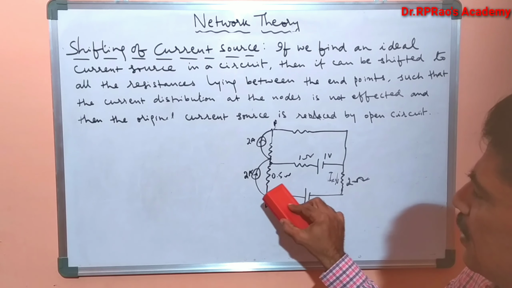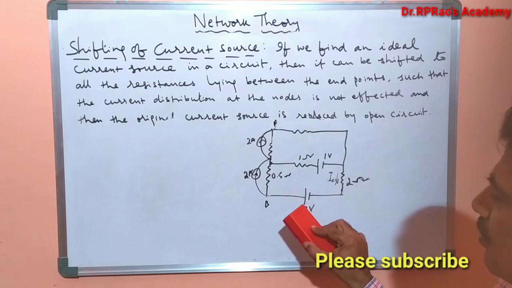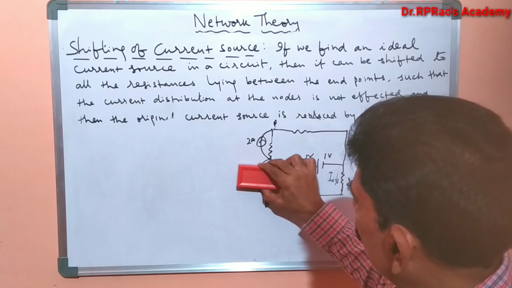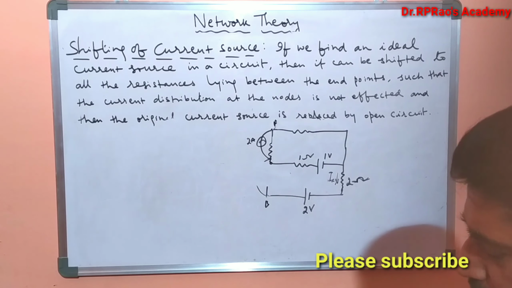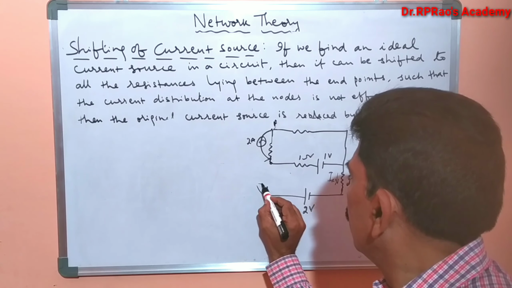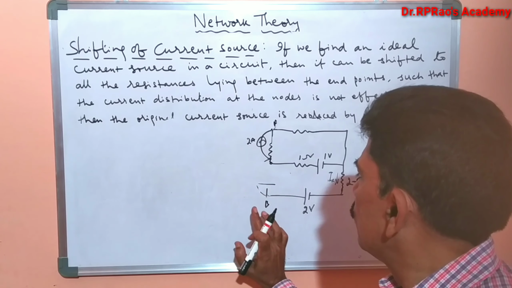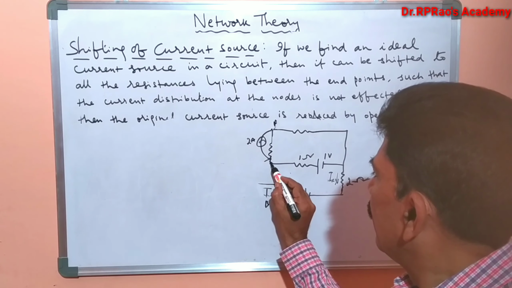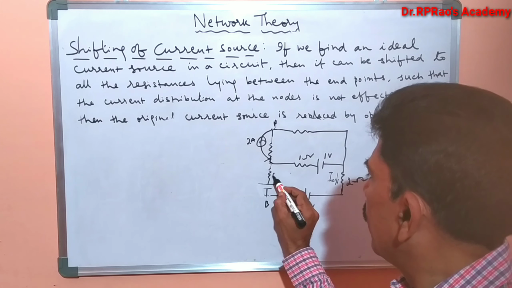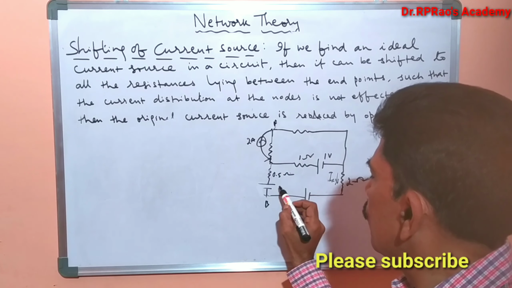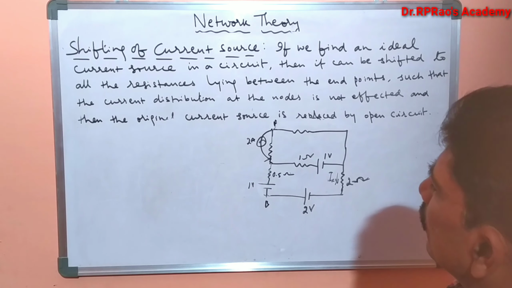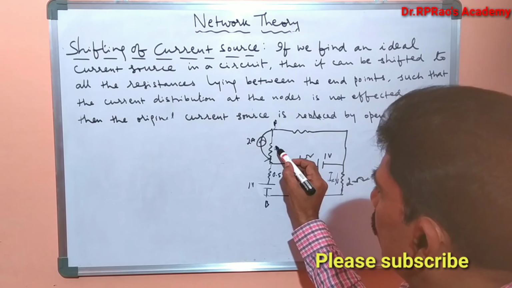The 2 amperes current source with 0.5 ohms internal resistance is converted into a voltage source in series with 0.5 ohms. 2 into 0.5 is 1 volt. Since current is moving upward, the battery polarity should be like this, with internal resistance 0.5 ohms.